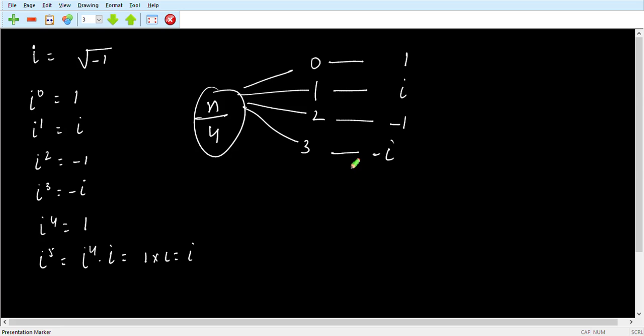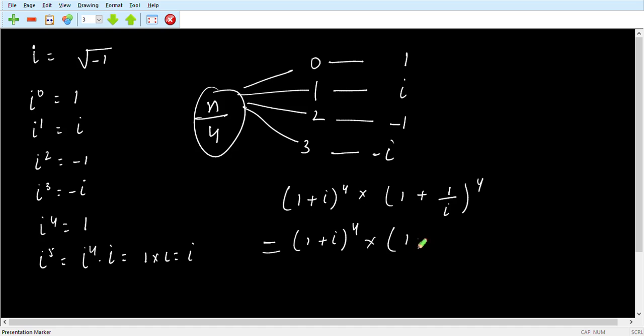Let us suppose I have one problem. I have to find the value of (1 plus iota) to the power 4 into (1 plus 1 upon iota) to the power 4. First we should convert this expression into an appropriate format: (1 plus iota) to the power 4 into (1 plus, rationalizing this part, 1 upon iota into iota upon iota) to the power 4.